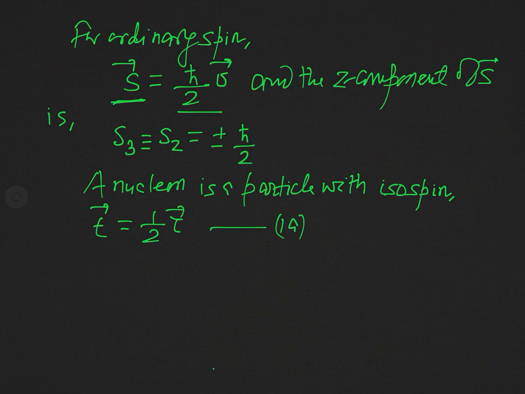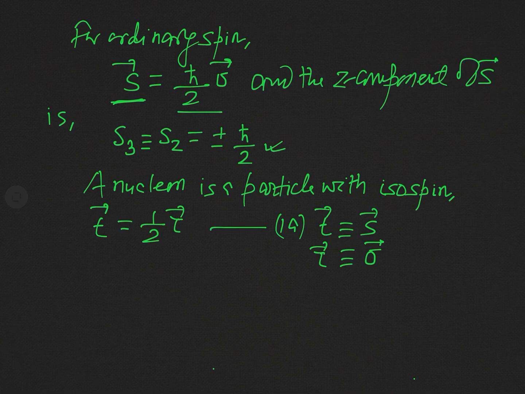Say this is equation A. In fact, here you can see that this T is analogous to S. T is equivalent or analogous to S, and this tau is analogous or equivalent to the Pauli spin matrix sigma.